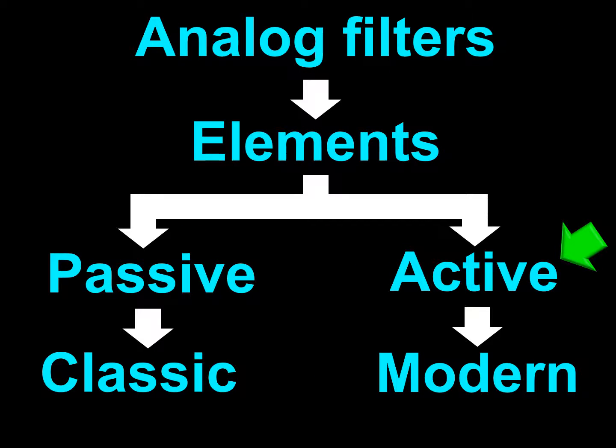Analog filters can also be built using active elements. Active elements are those that require external power from a battery or a power source in order to operate. They are referred to as modern analog filters.